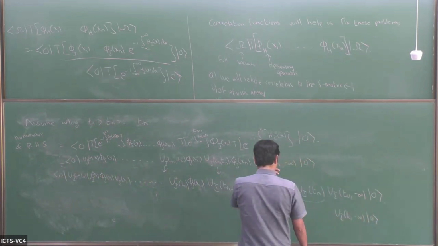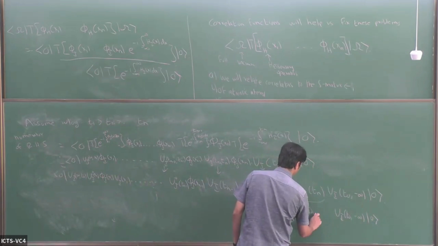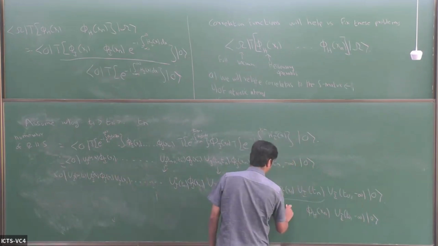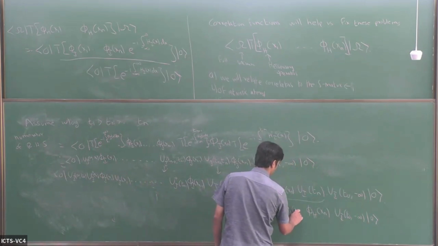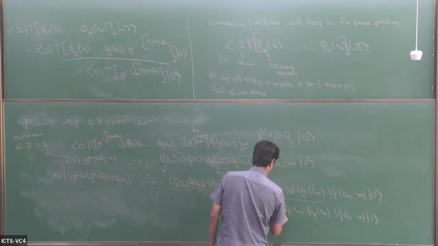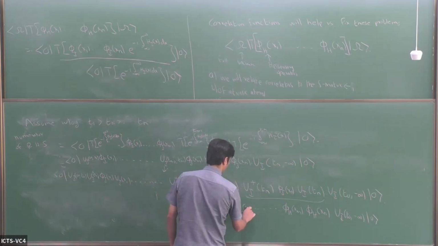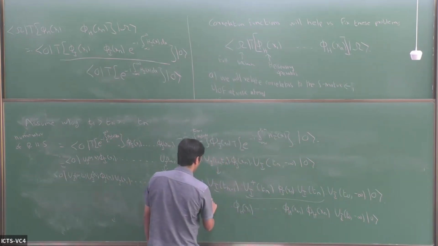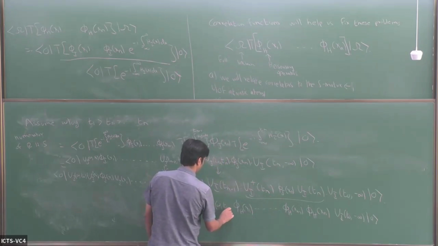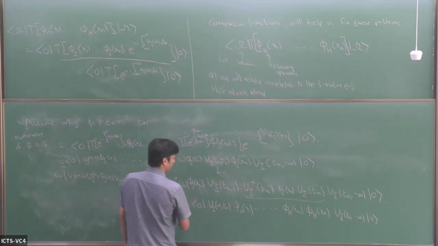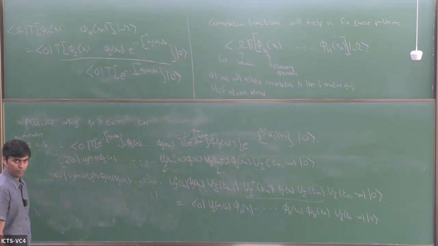This is now phi Heisenberg of xn, phi Heisenberg of xn minus 1, and then I have this ui from infinity to t0. Okay. So the numerator I've converted to this form.